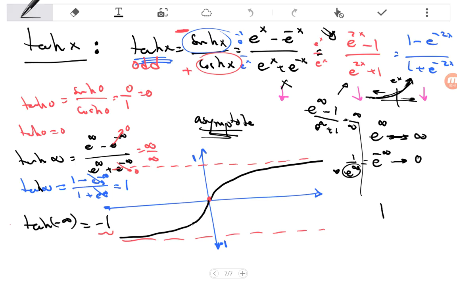It was the tan inverse x. If you remember, the tan inverse x was just like this, from negative pi over 2 to pi over 2. Okay, and the curve was just like this. Tan inverse x is much like the curve of tanh x.